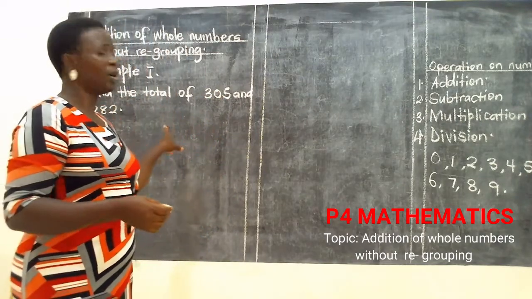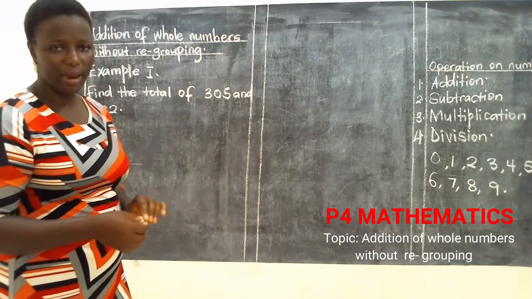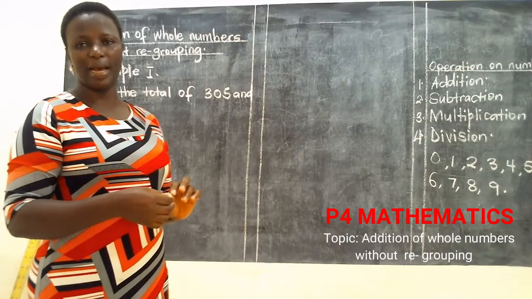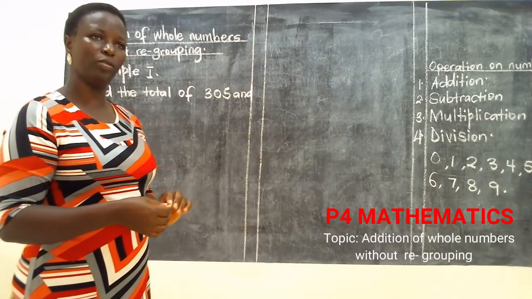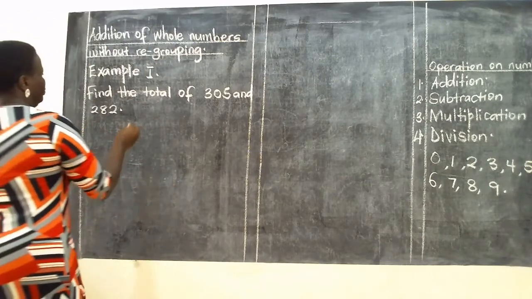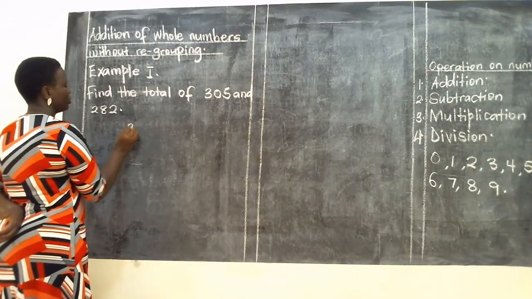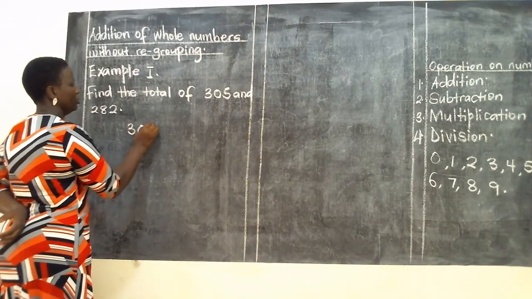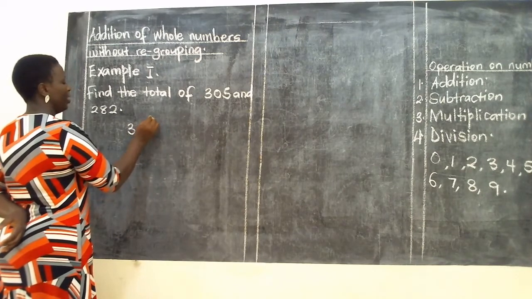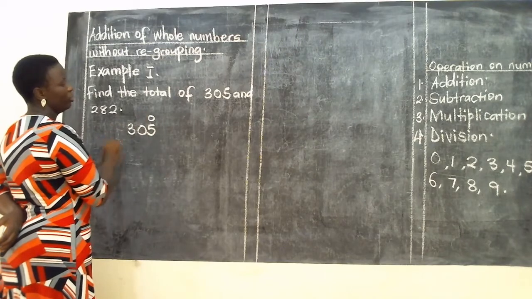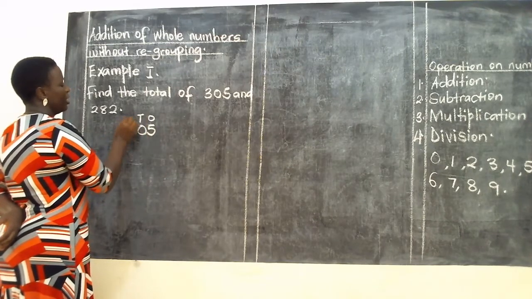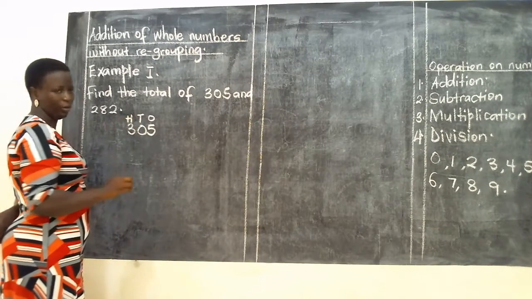So we are going to work out this example, bearing in mind the concept of place value. We must add following the place values of the numbers that we are given. We have 305. 5 is in the ones place value, 0 is in the tens place value, and 3 is in the hundreds place value.